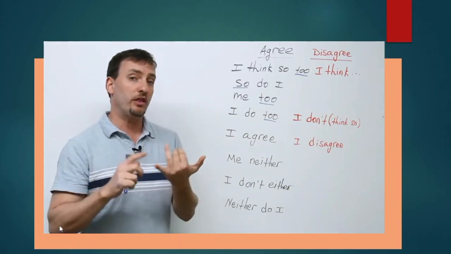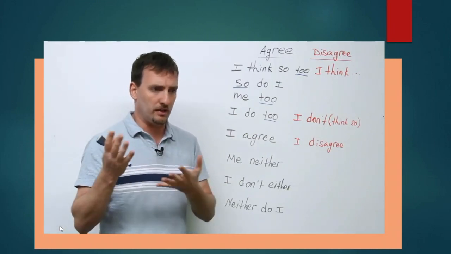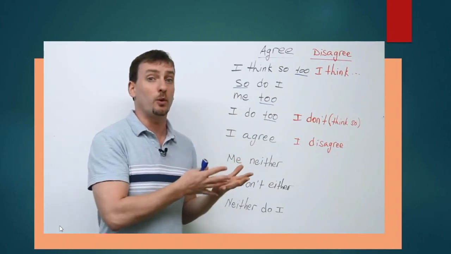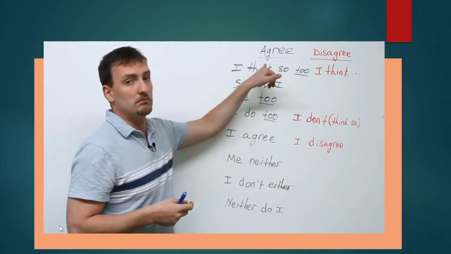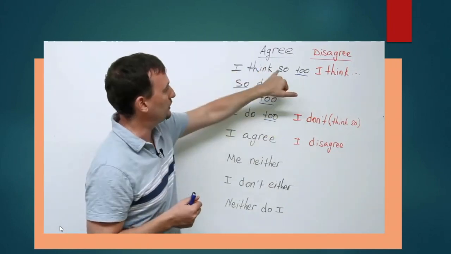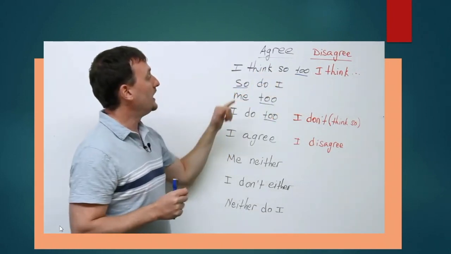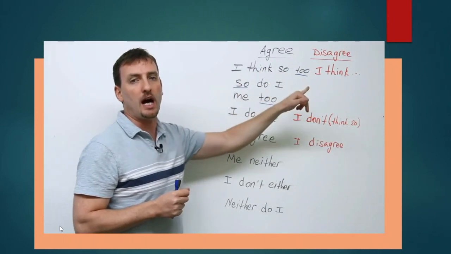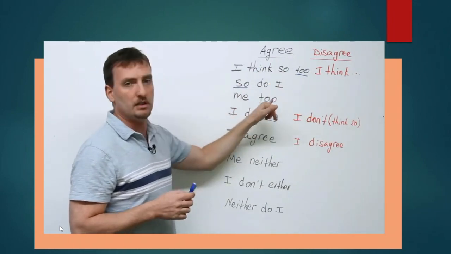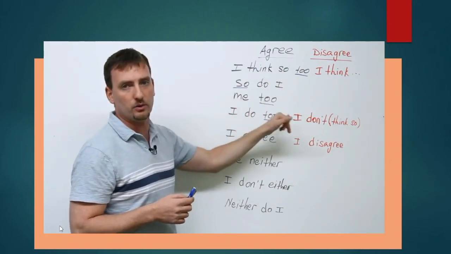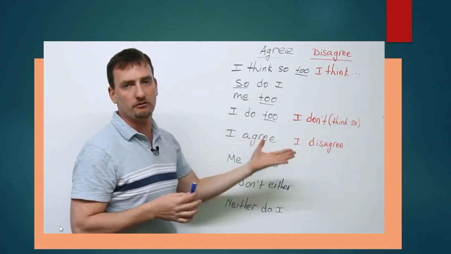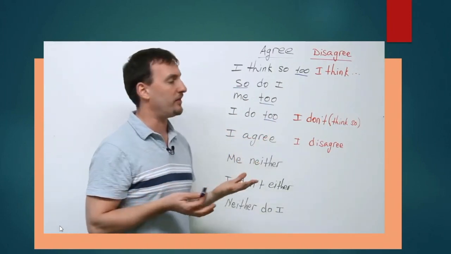Now, if you think the same, if you think that Mitt Romney is going to win, you can say, I think so too. So means Mitt Romney winning. Good. You can also say, so do I, or me too, or I do too, or I agree. Any of these will be fine.